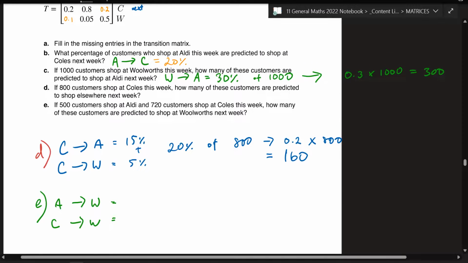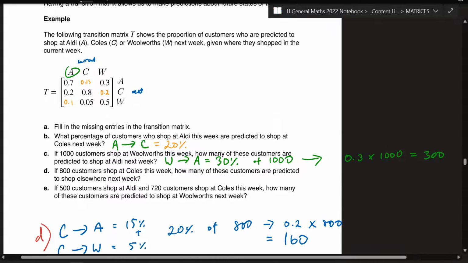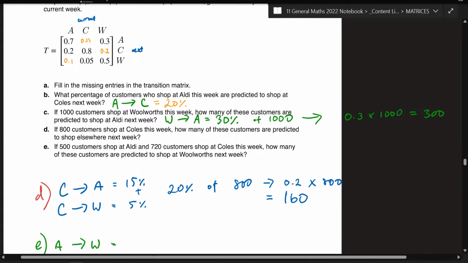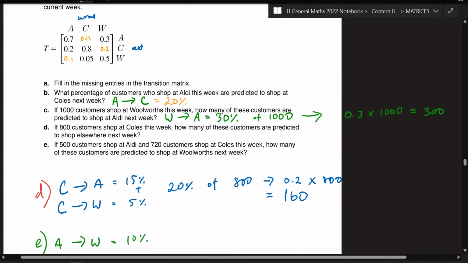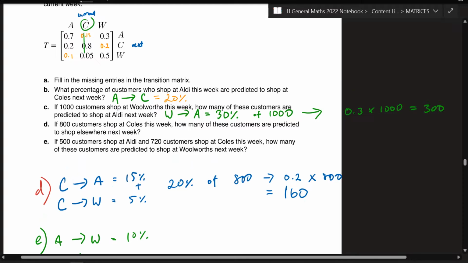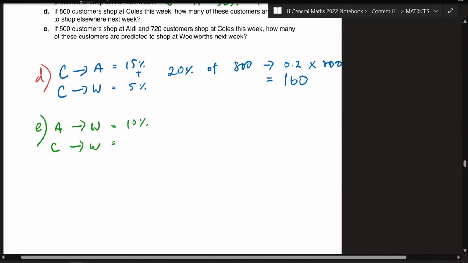Okay, so this one's, if you got Aldi to Woolies, so A to W is 0.1, which is 10%. And then the other one is Coles to Woolies, so C to W, which is 0.05, which is 5%.